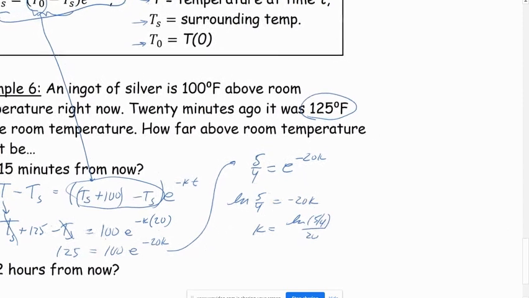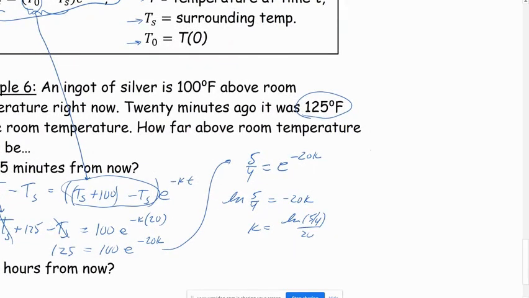And now that we know k, we have our equation. In general, it's T minus Ts equals 100 e to the negative natural log of 5/4 over 20 t. So given that equation now, you could plug in any time, and you'd be able to find the temperature.